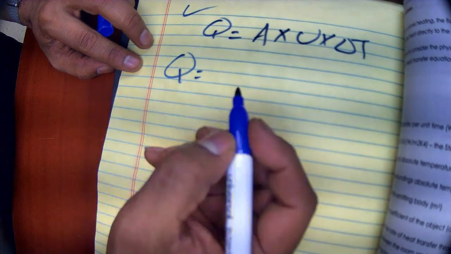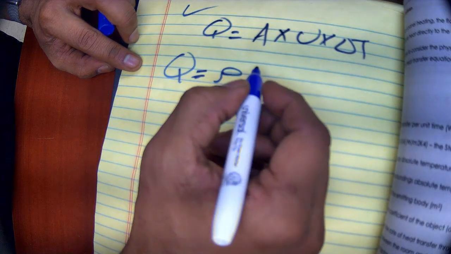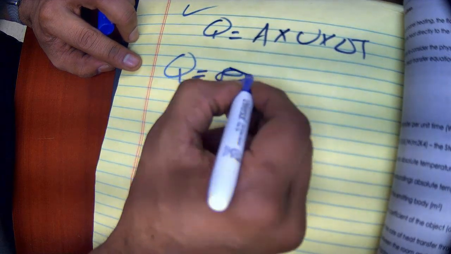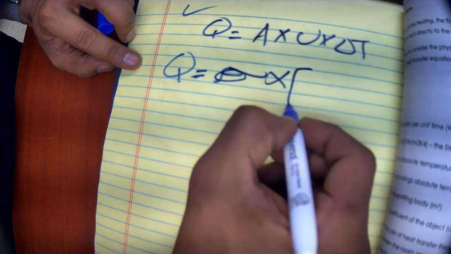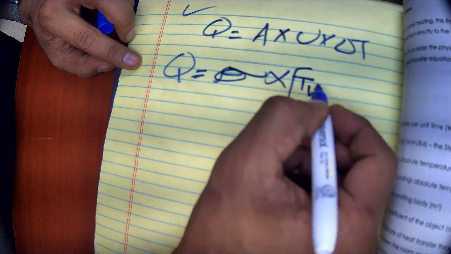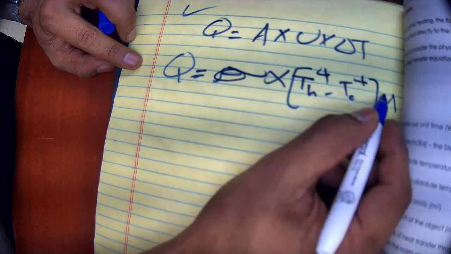This one is for radiation. We don't have to go too deep into it. And it does say Boltzmann constant, actually it's sigma, times alpha times T hot to the fourth minus T cold to the fourth, times area, is the heat transfer through radiation.